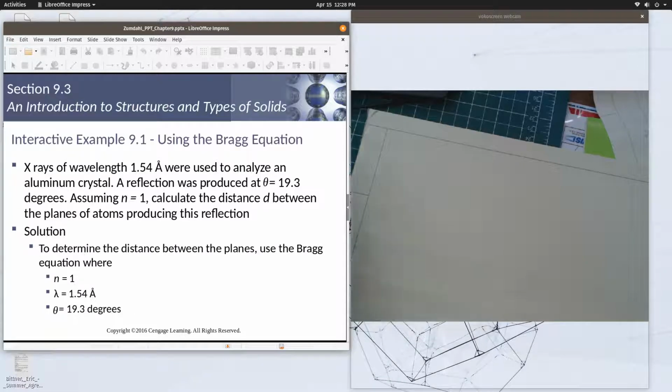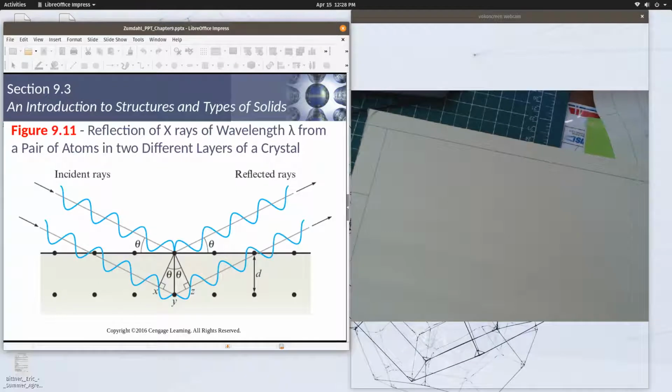Now the key to understand how this works is that you need the wavelength of the incident light to be comparable to the distance that you're trying to measure. If it's too short or too long, you will not see the diffraction pattern. So, for example, if I tried to use ultraviolet light, I would not see this diffraction pattern, and it would not be useful.